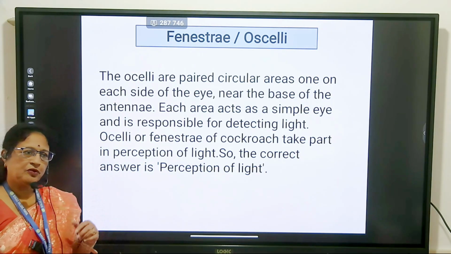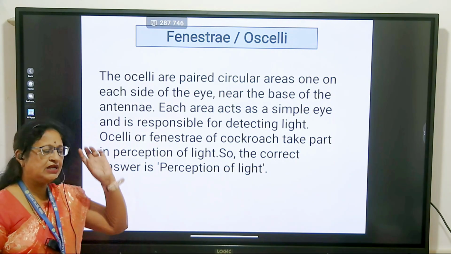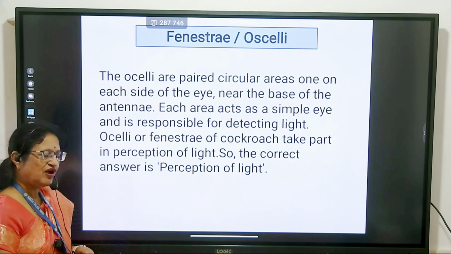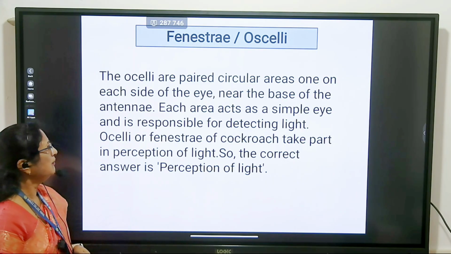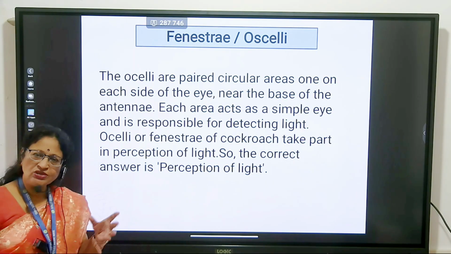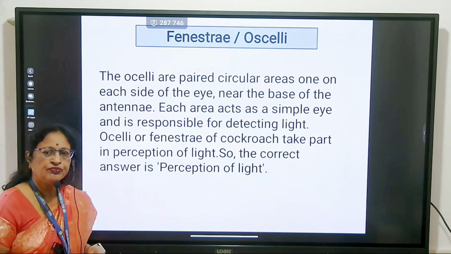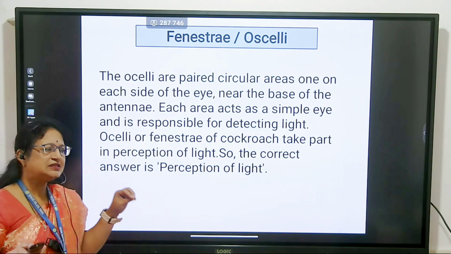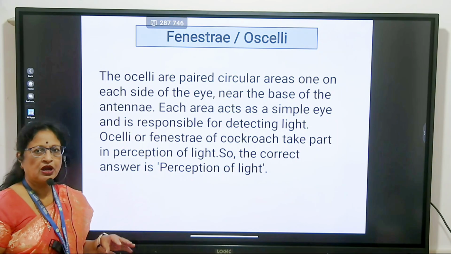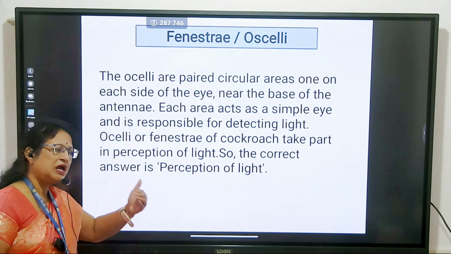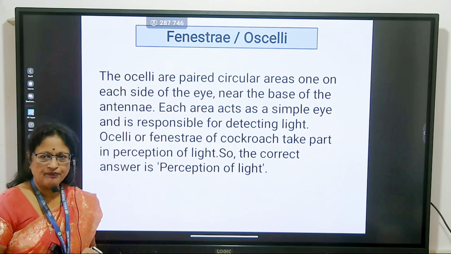Then another part which is present in the head region is fenestrae or ocelli. These fenestrae or ocelli are paired circular areas which are present at the side of the eye, at the base of the antenna.